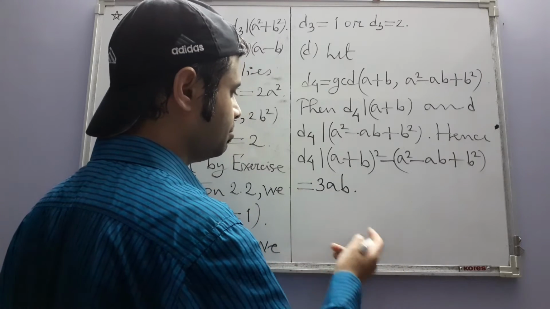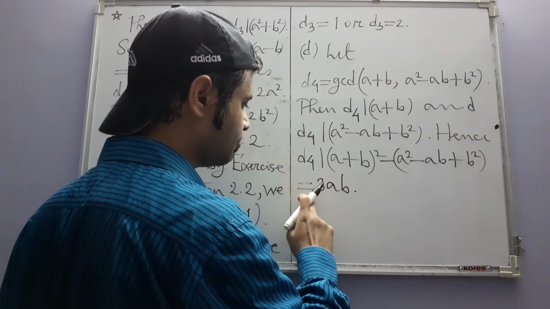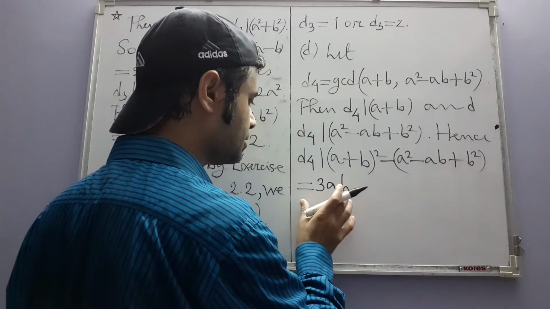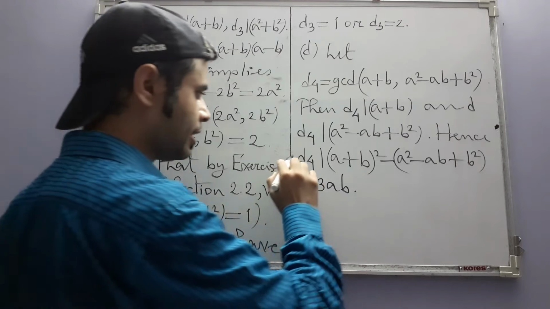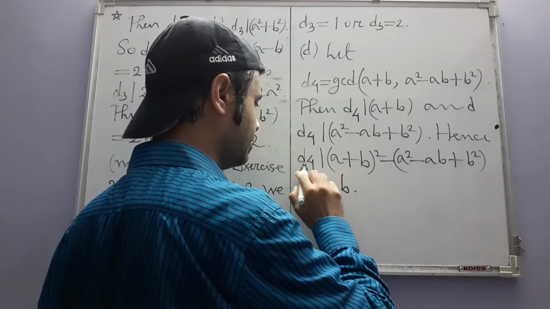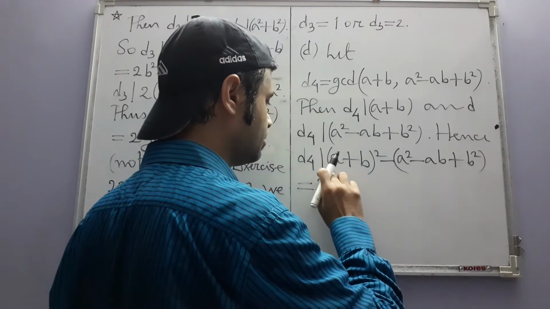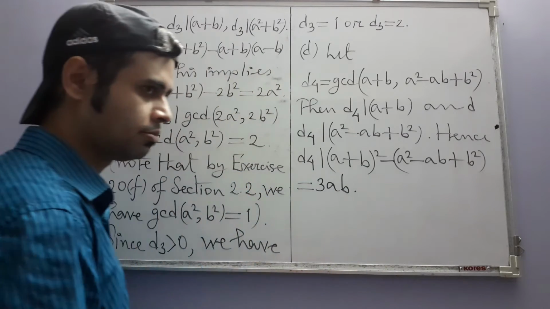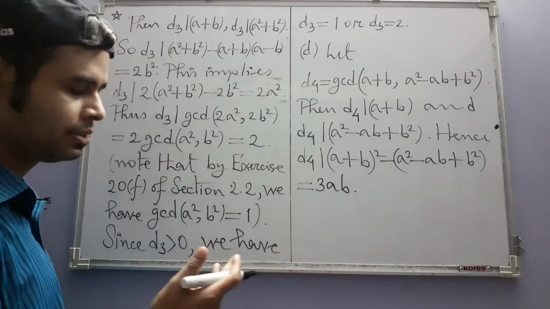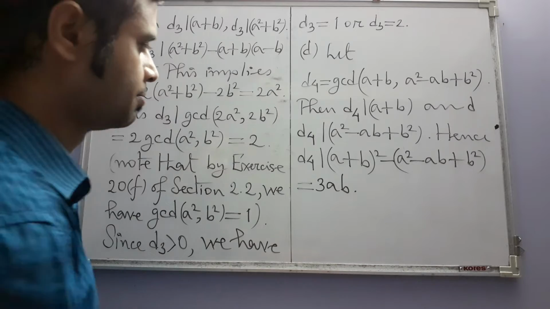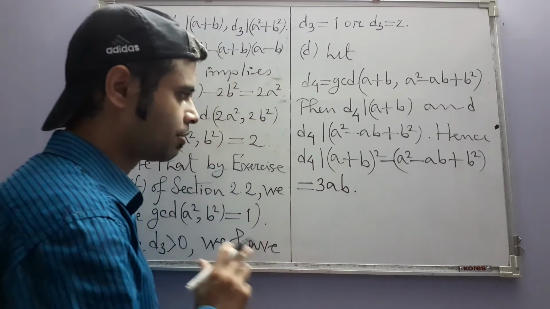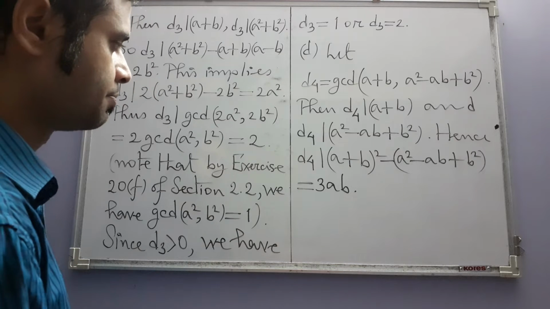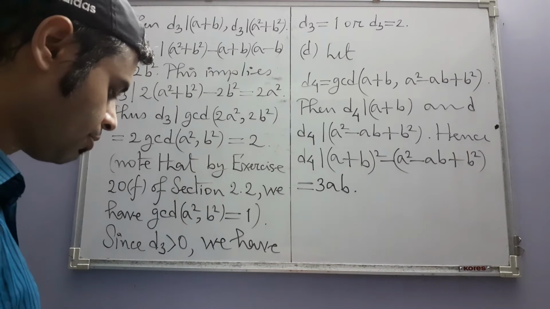What that simply means is that D4 divides this expression, which is also 3ab. It does not mean that this relation, that D4 divides this, is equal to 3ab. Sometimes we may get confused, so you have to properly understand from the context what the meaning is. Okay, so now D4 divides 3ab.